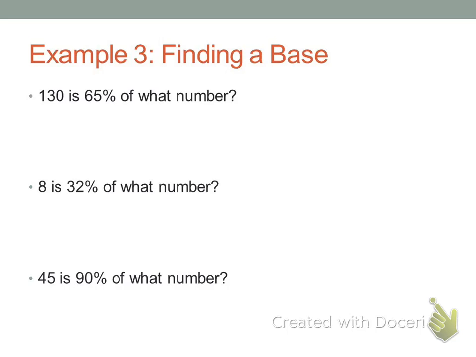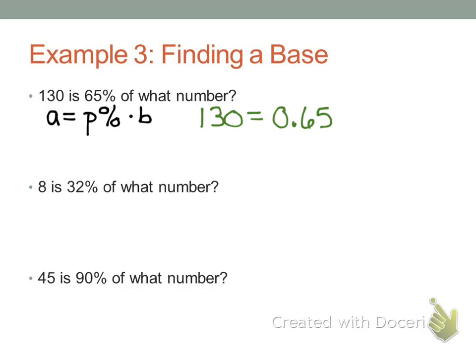Okay, so now example 3, what are we solving for now? We're solving for B. So we still start with A equals P percent times B. What's our A value on the first one? 130. What's our P value? 65%. Whoa, what's our P value that we plug in? 0.65. Very good, the decimal equivalent of 65%.